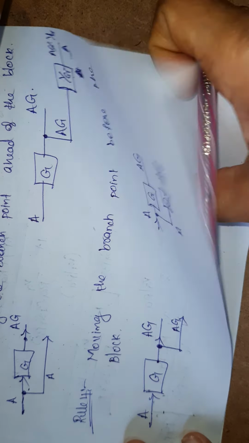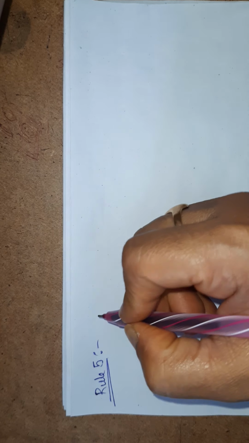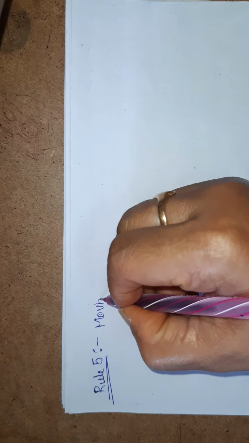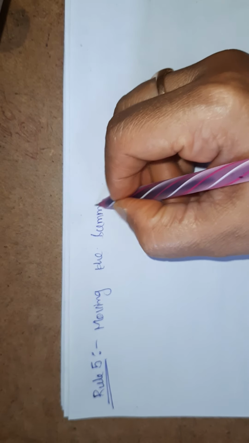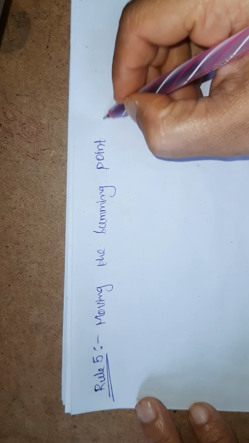Okay, next, go for the next rule. Rule 5. So what is rule 5? Moving the summing point ahead of the block.